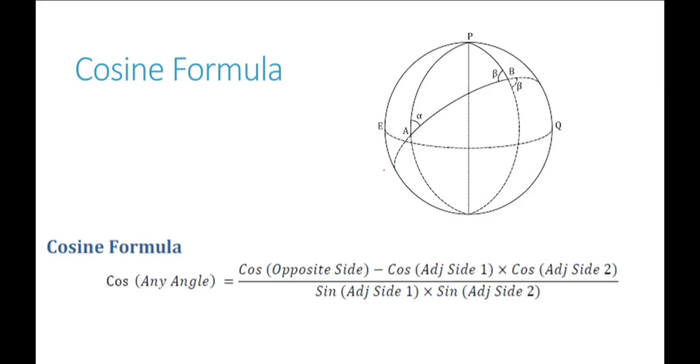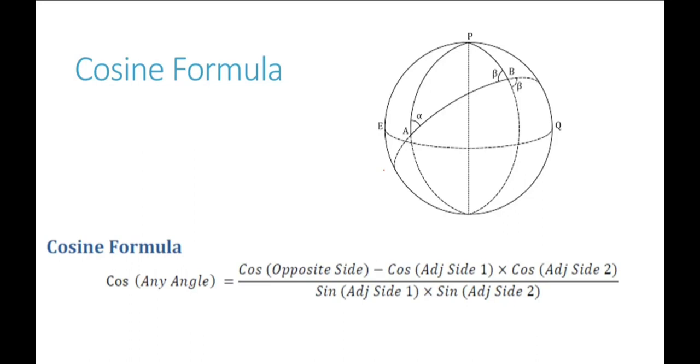So in this case, if 3 sides are known to us, the unknown parts are the 3 angles. By using these formulas, we can calculate the angles. So that is what we mean by solving a spherical triangle.